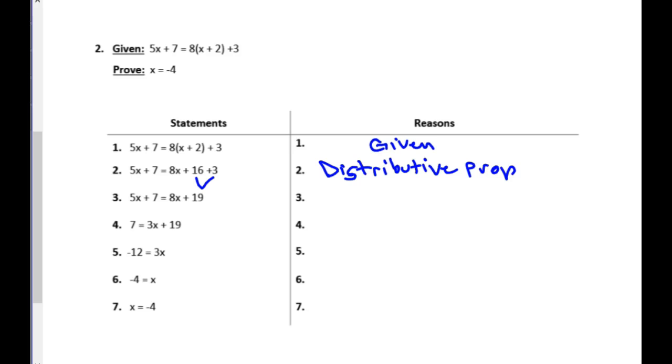Now everybody, step 3 can be confusing for some people. Does everyone see how we added 16 plus 3 to get 19? Some people would like to think that that means addition property of equality. But I'm here to tell you, if you only add some numbers on one side of the equation, that's not a POE, because it's not E, equal.